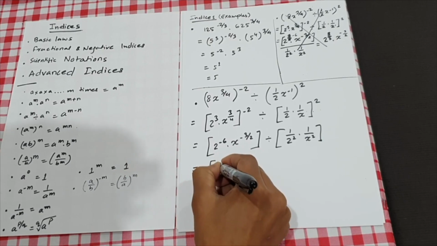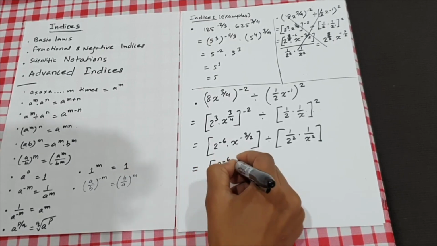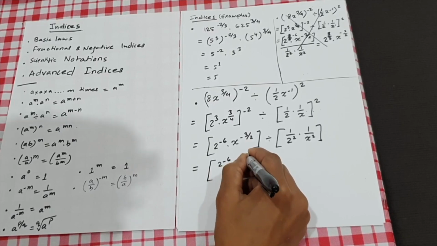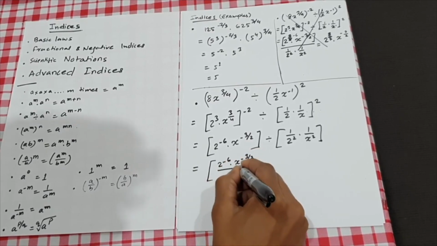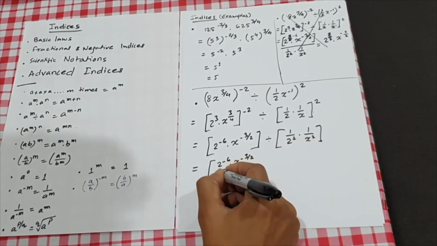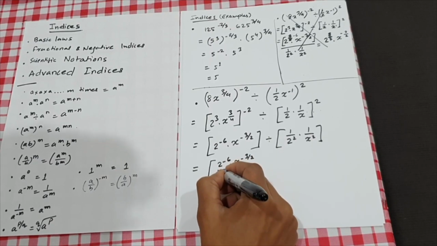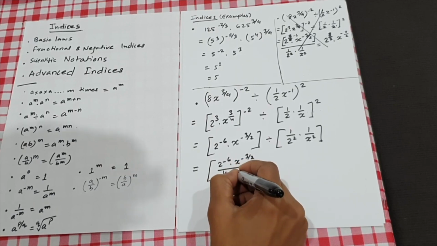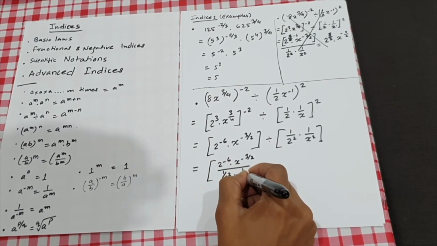We are writing this as 2 to the power minus 6 into x to the power minus 3 by 2, divided by, this is divide, remember, 1 by 2 squared and 1 by x squared.